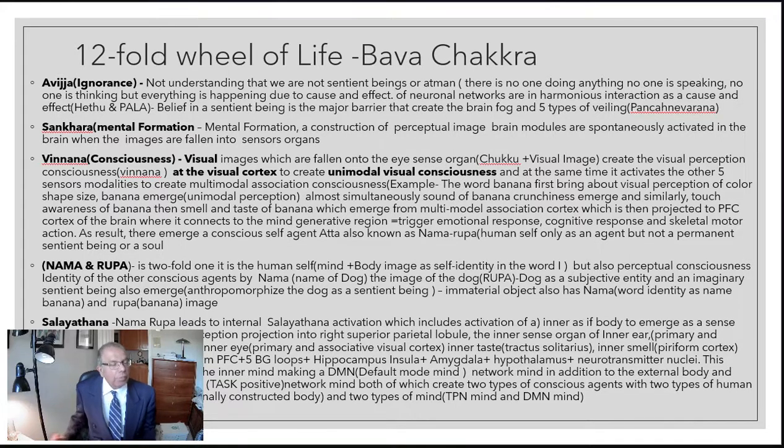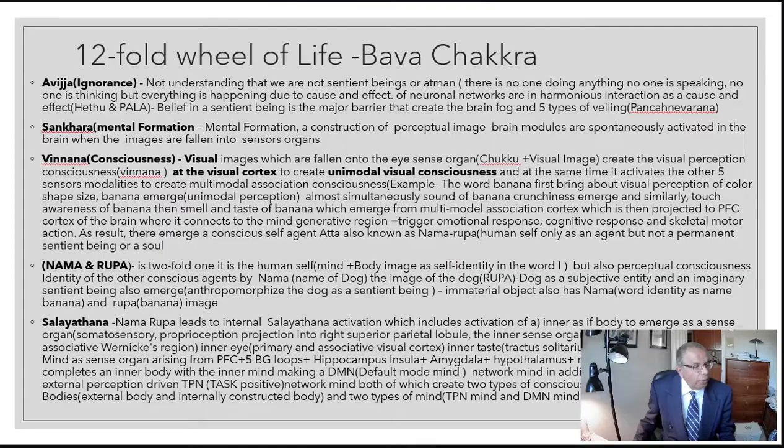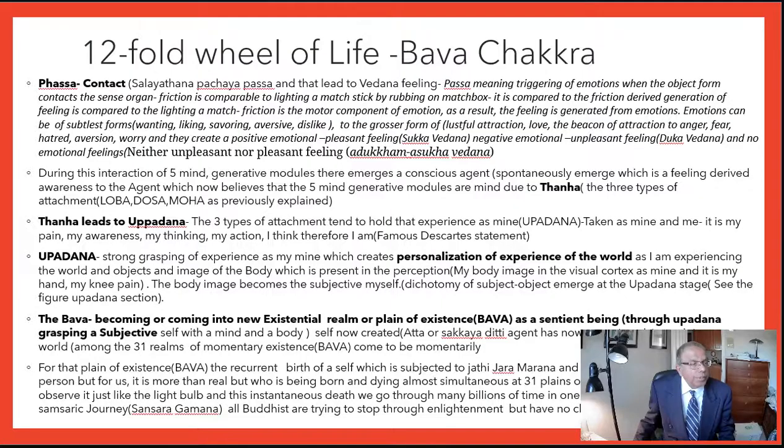This is again a deeper description of the same that you can read at leisure when I mail this, but you will see exactly how the avidya is creating this sankara, vijnana, nama, rupa, salayatana component of it, and the 12-fold pathway. You will see here how the phassa component creates the tanha leading to upadana, upadana to the bhava, and the 31 planes of existence come to be, which I already discussed.